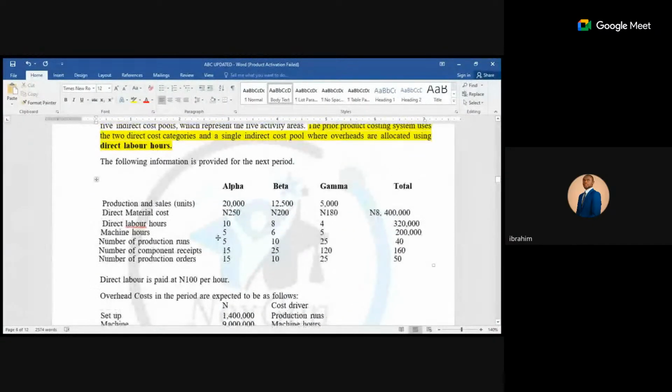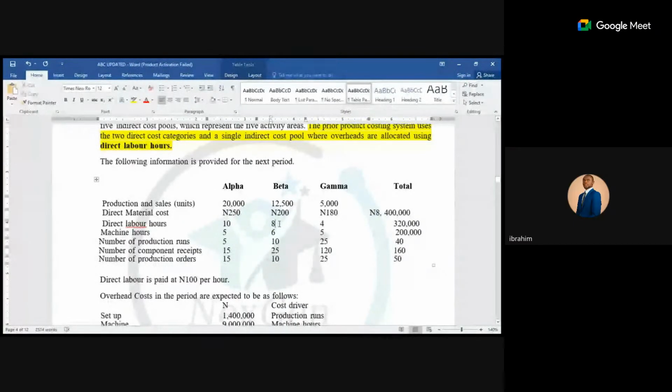You can see that it will take them 5 hours to produce 1 unit, 5 hours per unit. The question is, what are the units produced? 20,000. So 5 hours per unit times the 20,000 units gives the total number of hours it will take them to produce the 20,000 units.